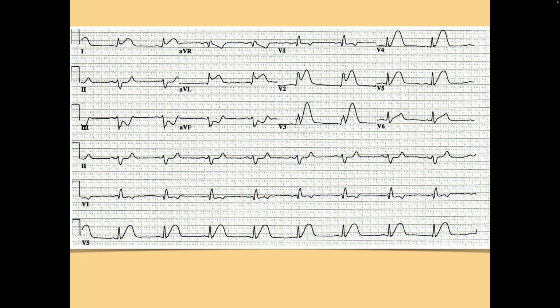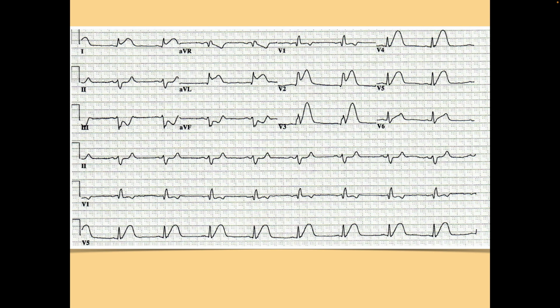Good. Lead 2, this is kind of weird, actually. I know you don't have a straight edge, so just do your best. It might be marginal depression. I agree. Lead 3, depression for sure. You can skip aVR.